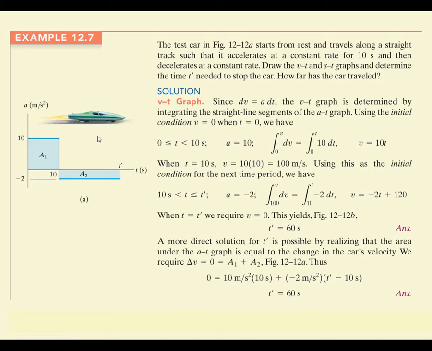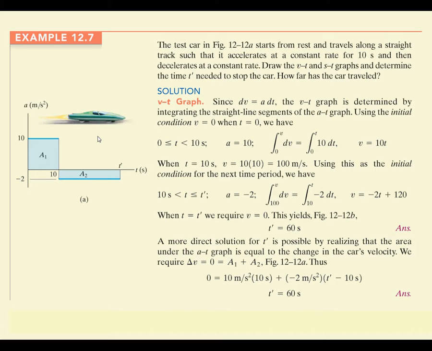Because the acceleration is dv/dt, it follows that the velocity is the integral of a dt. The v-t graph is determined by integrating the straight line segments of the a-t diagram using the initial condition that v is 0 at t equals 0, between 0 and 10 seconds.